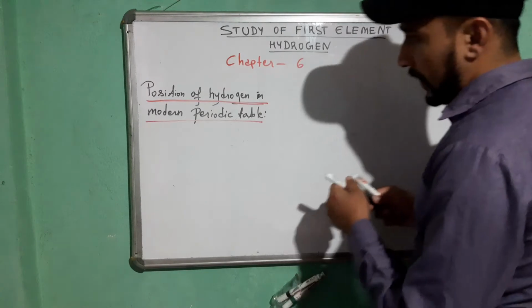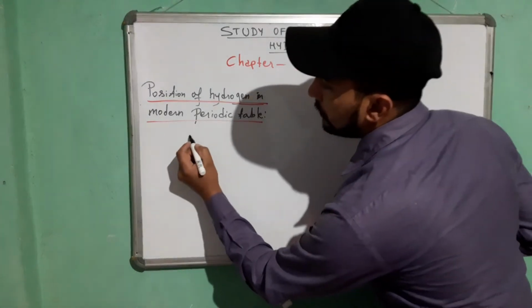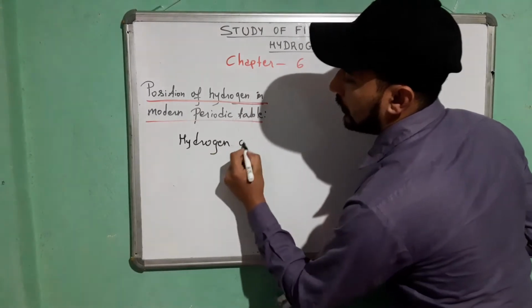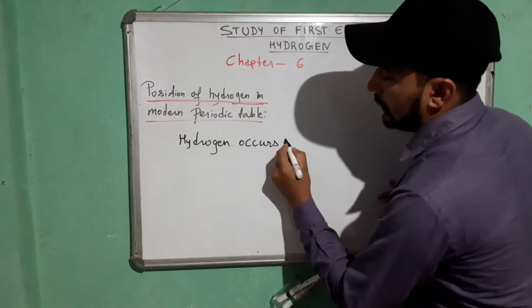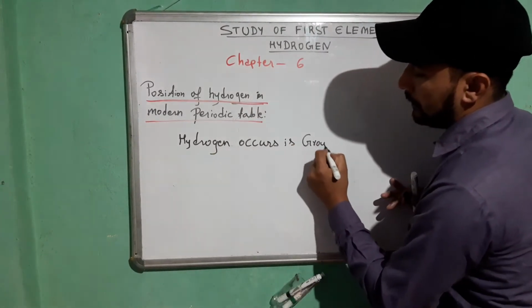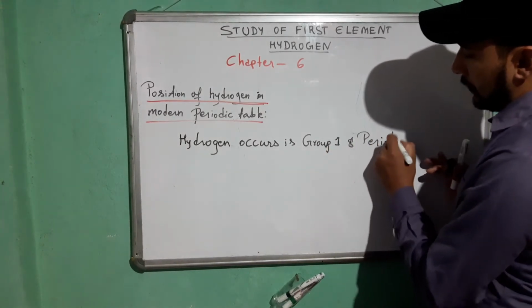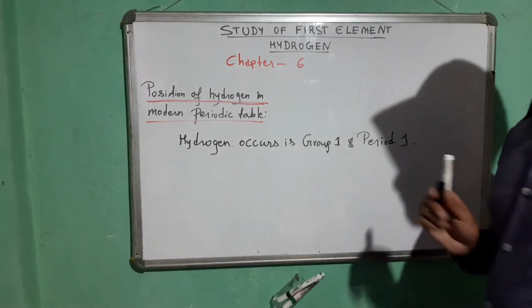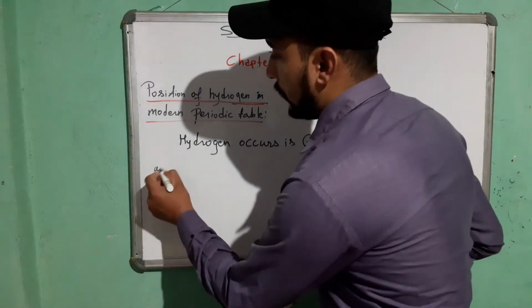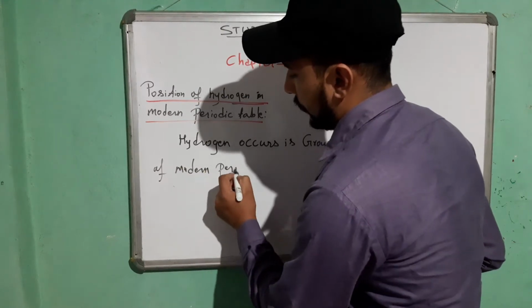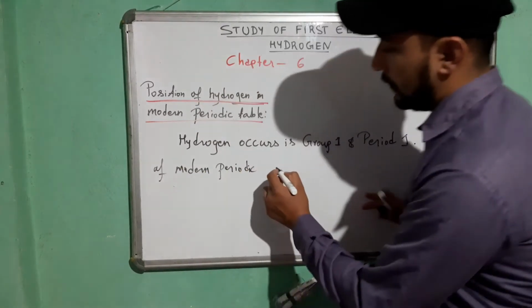And you know hydrogen occurs in group 1 and period 1 of modern periodic table.